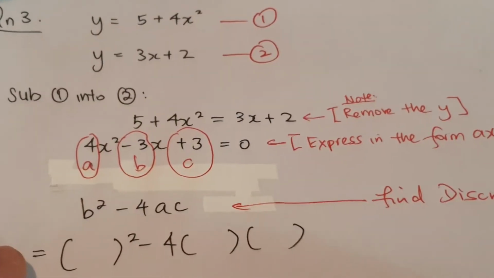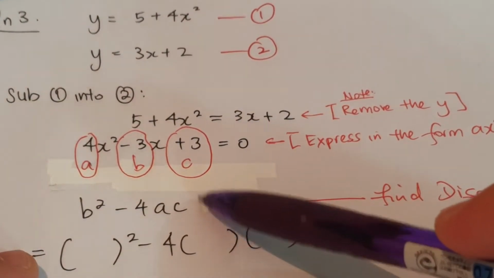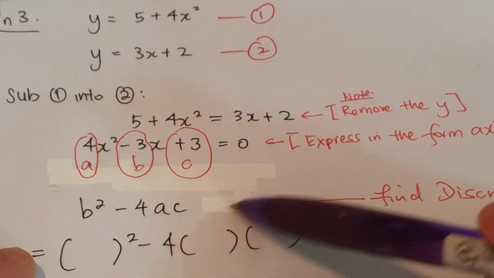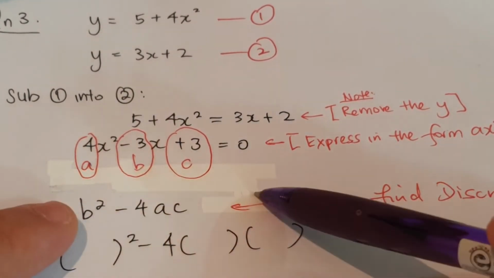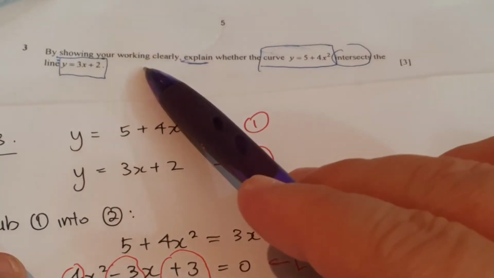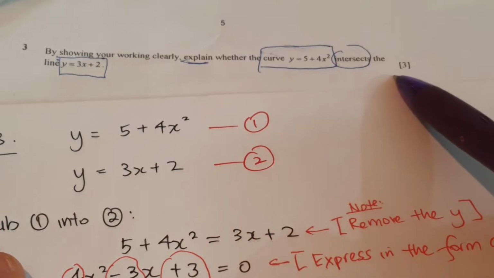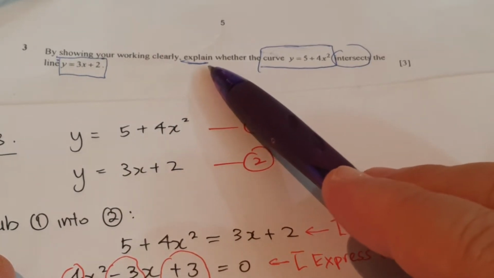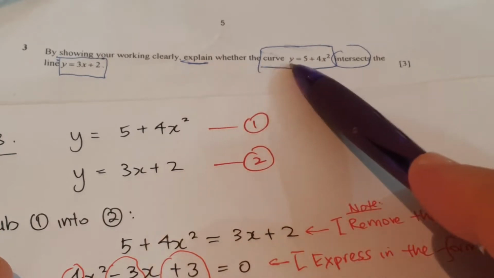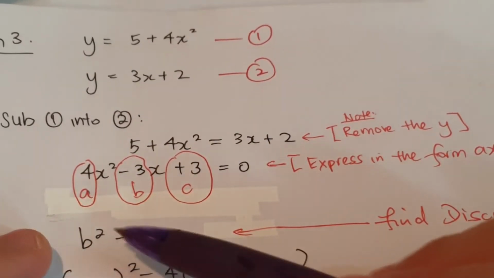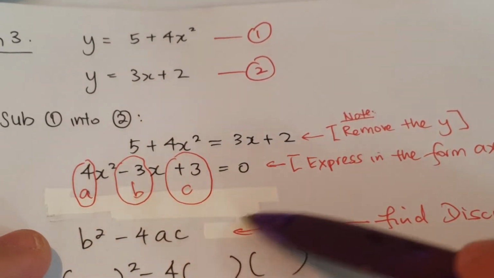Now you cannot say b squared minus 4ac is less than 0 or greater than 0 or equal to 0 right from this first step. Cannot, because you don't know; they actually ask you to explain whether. Even if they say prove that this curve does not intersect, you cannot start off with does not intersect, so b squared minus 4ac less than 0.